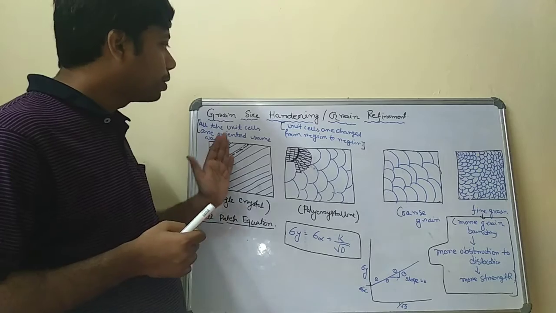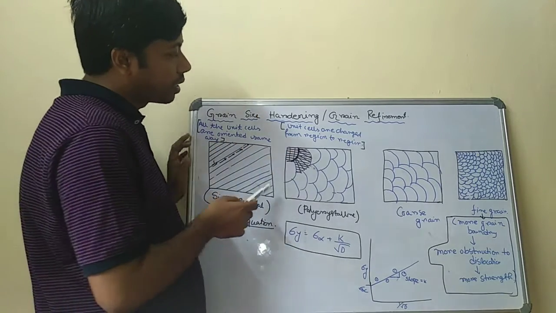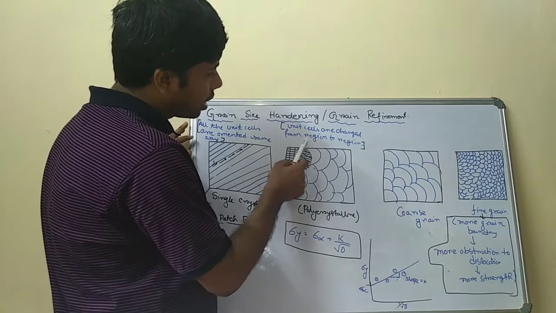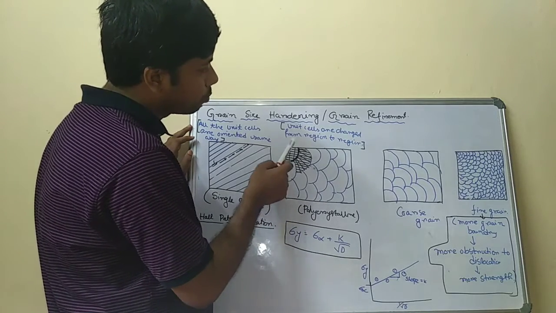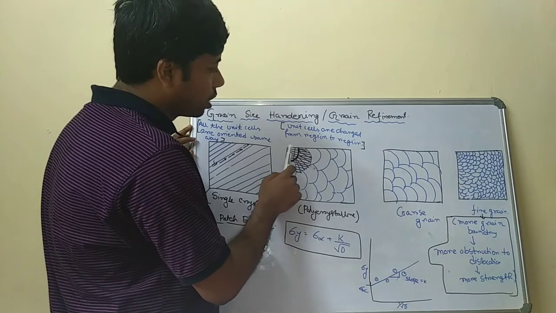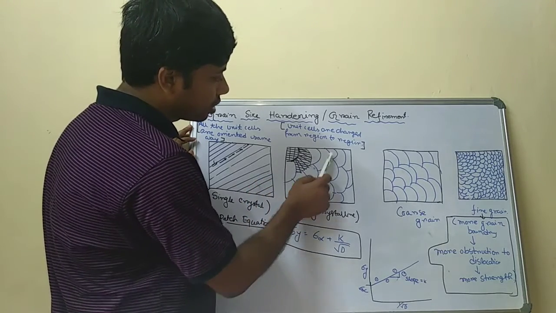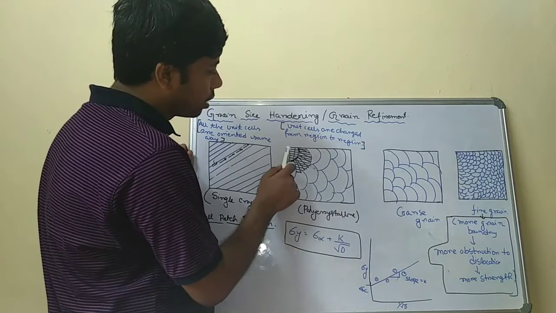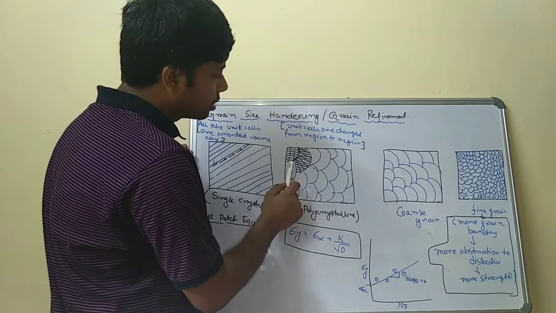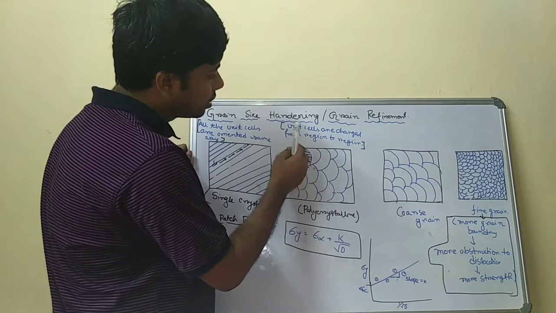Now in the polycrystalline material, there are a number of crystals, with unit cells whose orientation changes from region to region. In one crystal structure the unit cells are oriented one way, and in another grain the orientation is different.